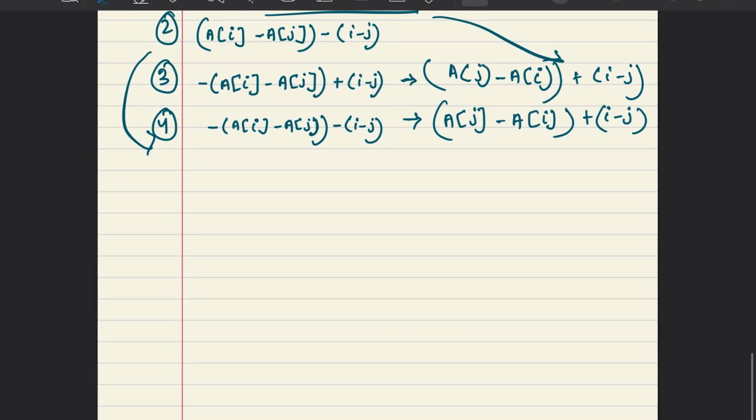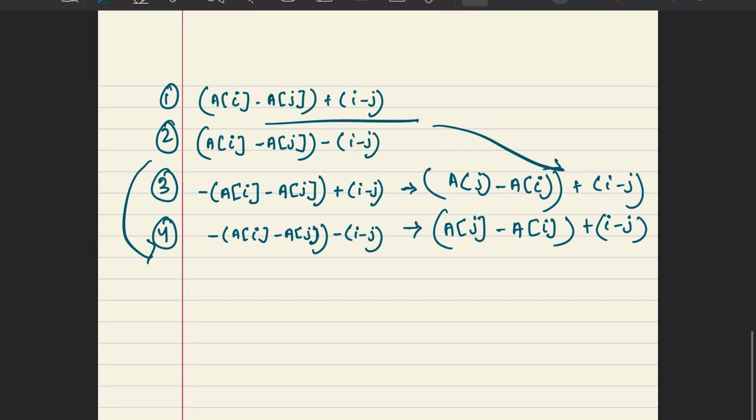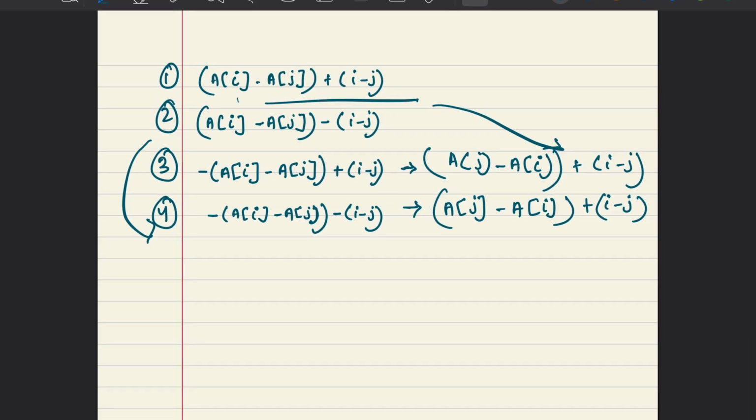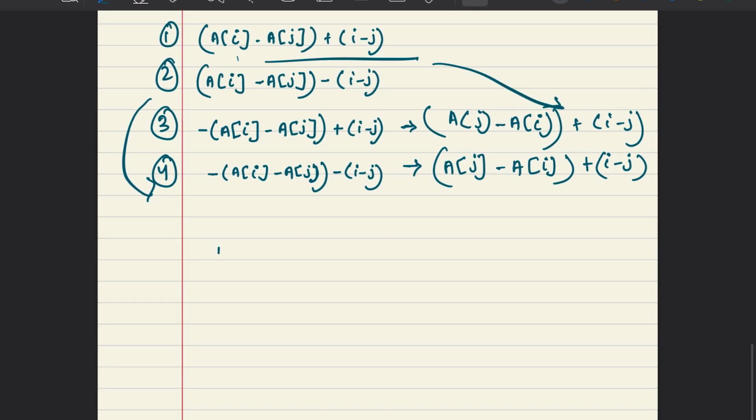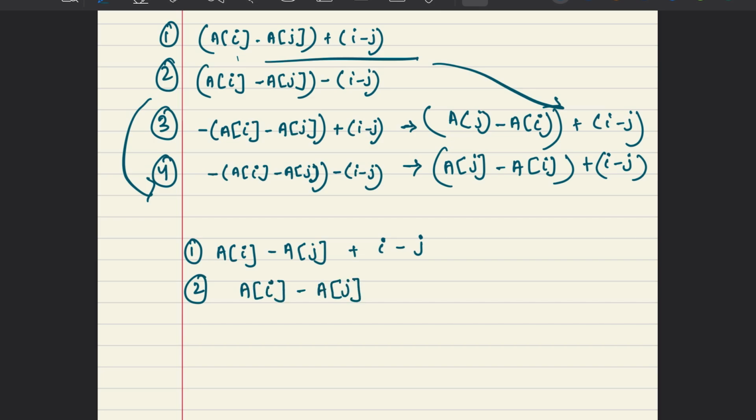So we can just take these two, 1 and 2, to deduce how to calculate the maximum absolute difference. So let's consider 1, a of I minus a of j plus I minus j, and 2, a of I minus a of j minus I plus j.